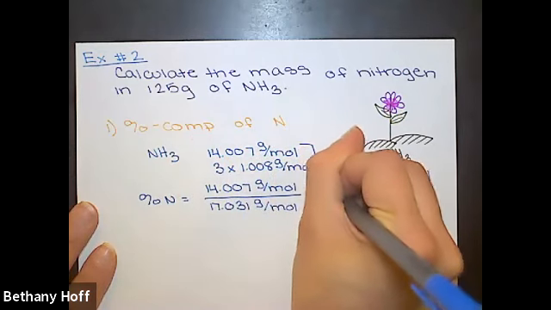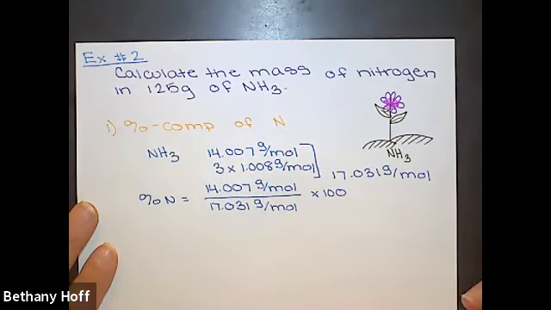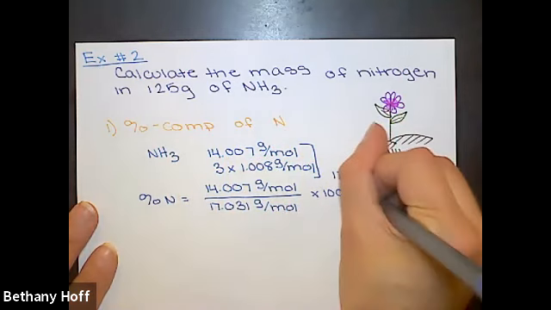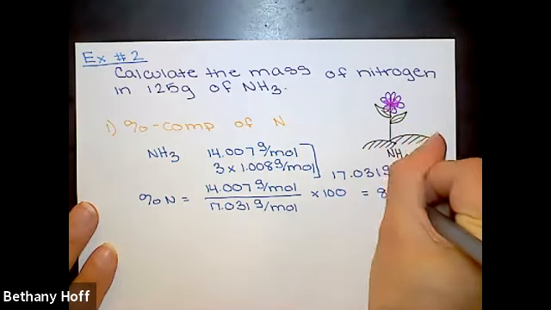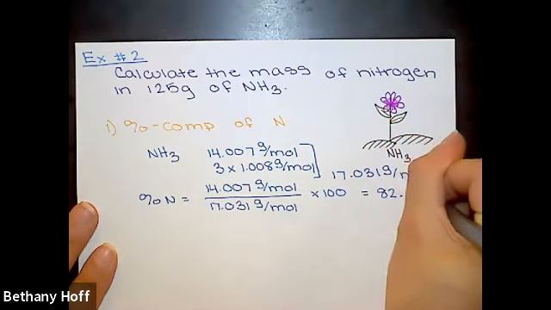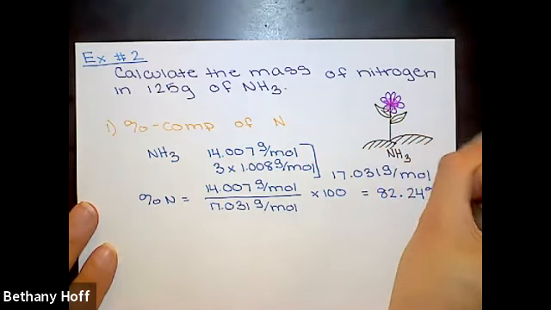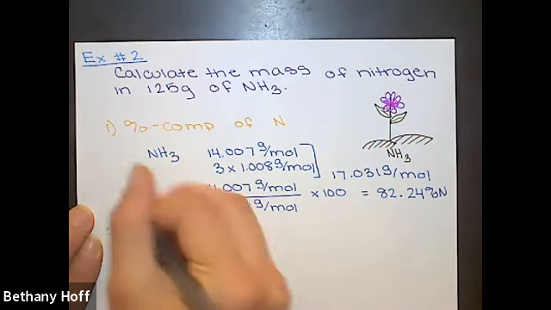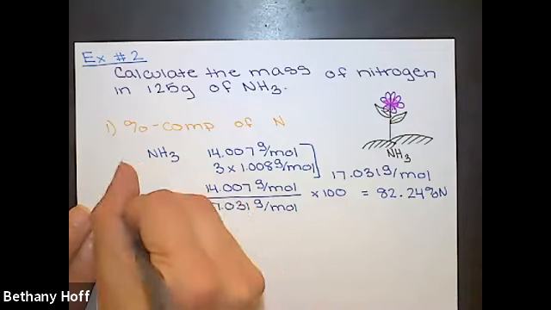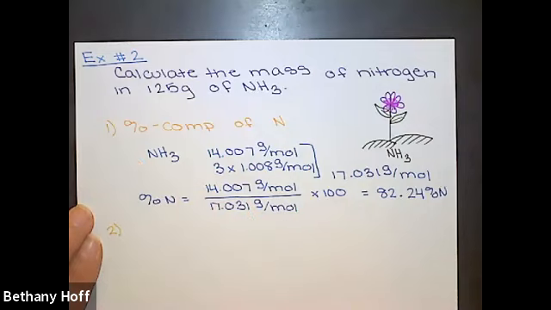And then we're going to multiply that by 100. And that's going to give us our percent nitrogen. If you plug that into your calculator, we end up getting 82.24% nitrogen.